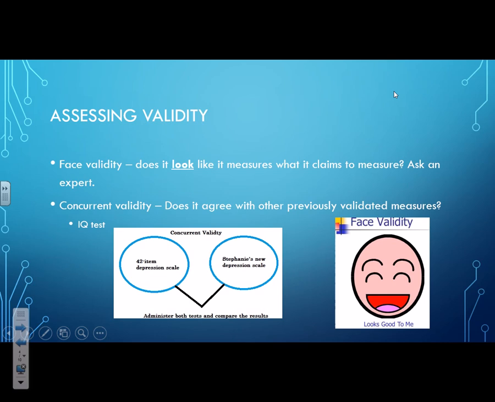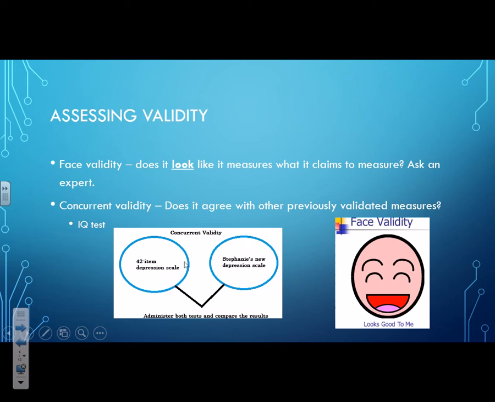You would then ask them to complete a Stanford-Binet IQ test, or an IQ test that is previously validated, so one that's been around for a very long period of time that we're confident accurately measures what it claims to measure. We would then compare the results from those two tests, and if they concurred, so if you say I concur, you mean I agree. If the two tests are similar, if they agree, then that suggests that your test has validity.